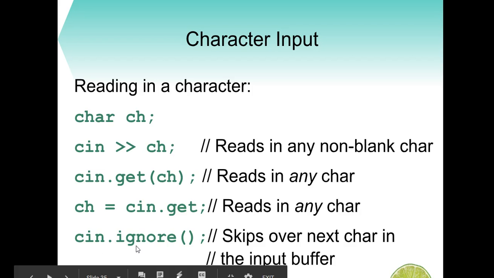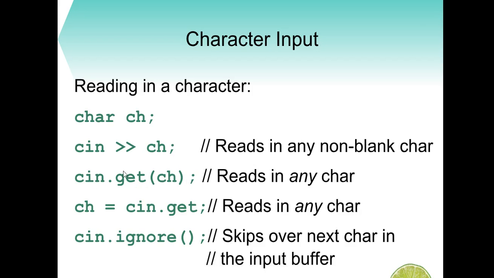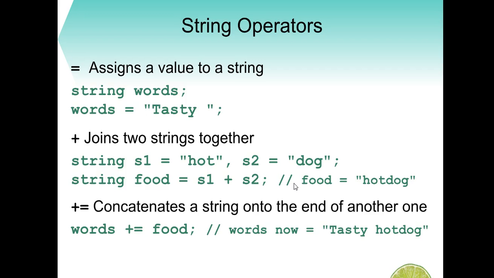Sometimes we use cin.ignore to skip over things. We'll maybe show an example with the sample programs. Sometimes I've showed you how to use the cin.get to hold the screen open instead of using system pause. That's also another use for that, because you're just waiting for a keyboard input or a character to be read in.